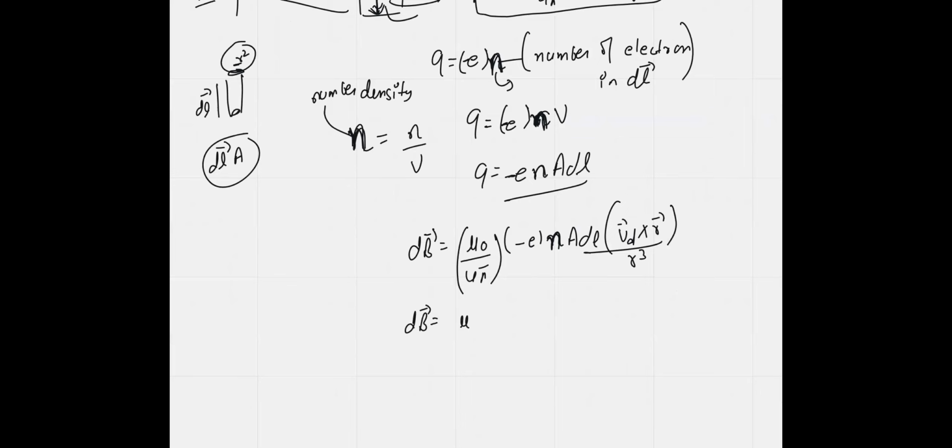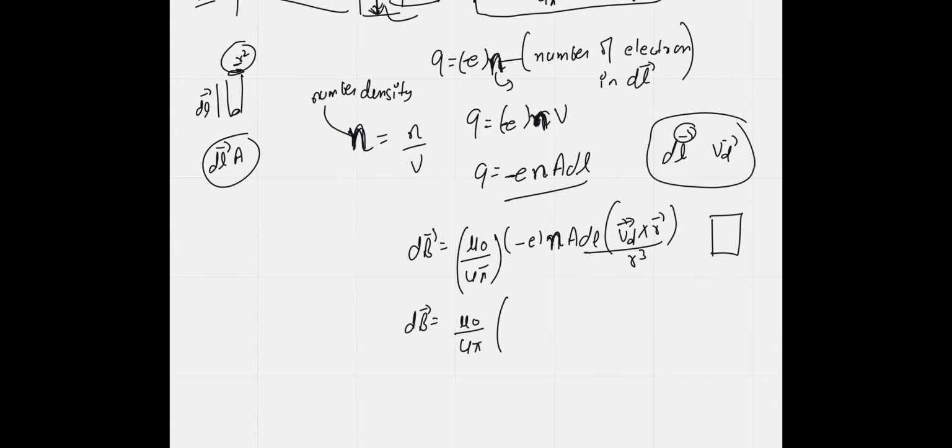Mu naught upon 4 pi. Now you know that this dl is a vector, which is representing the direction, and this vd here is also representing the direction. If you see carefully, this dl is representing the length in this direction.